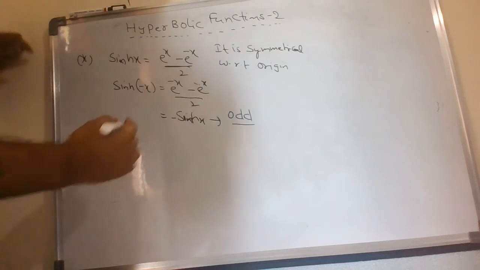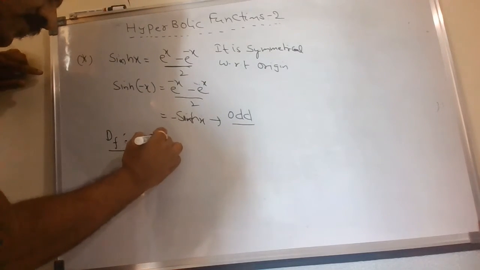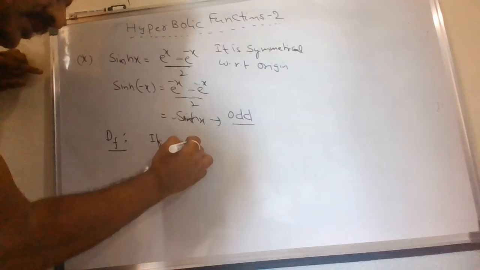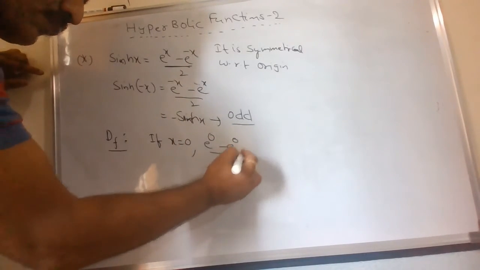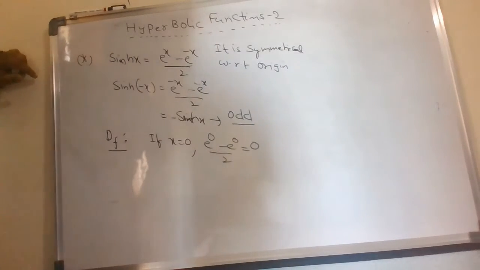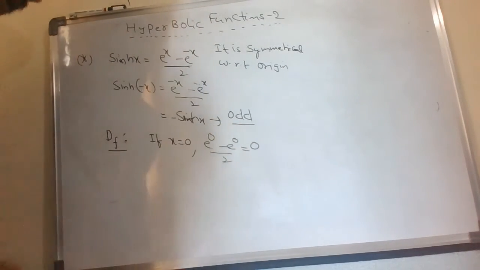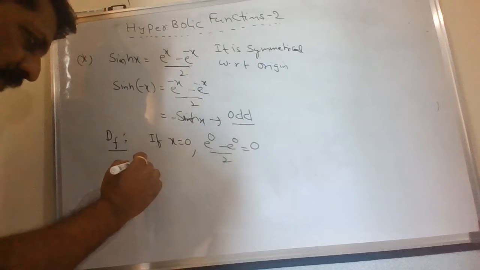I can take x equal to 0. I am checking with some fundamental points. For x equal to 0, e to the power 0 minus e to the power 0, divided by 2, gives 0. When x is equal to 0, I get 0 itself. Now I check the endpoints.